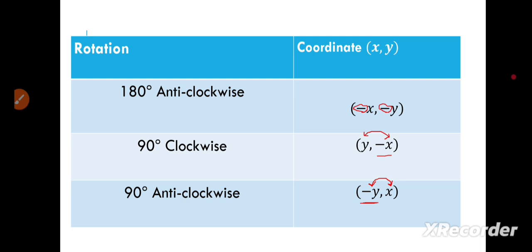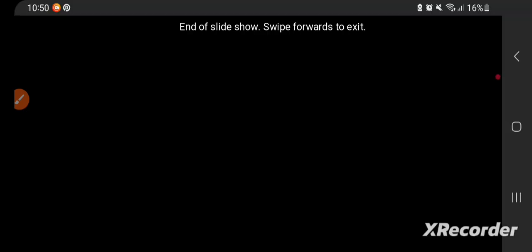If we have the points, we can rotate or flip or dilate them using these rules. We just have to remember these rules and then plot and transform. It does not necessarily mean that you have to do all the questions, you just have to memorize these tables, that in what type of rotation what kind of rule will be applied. So this is it, and I hope you have learned this.